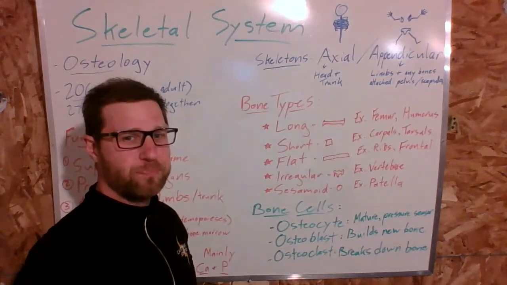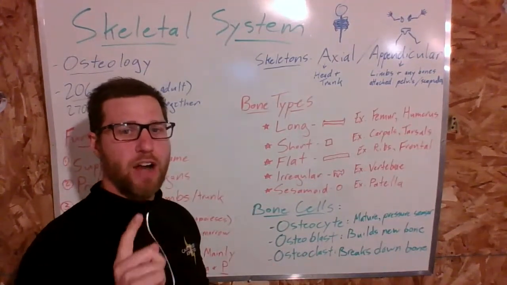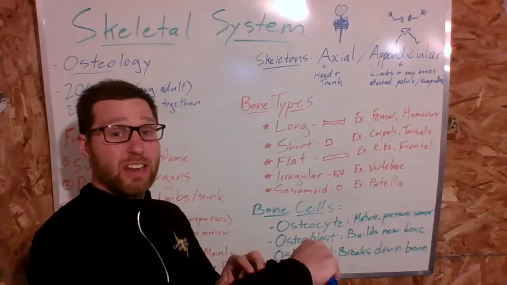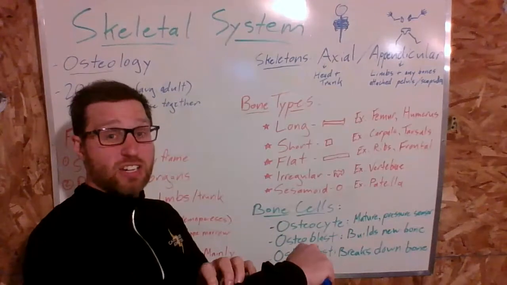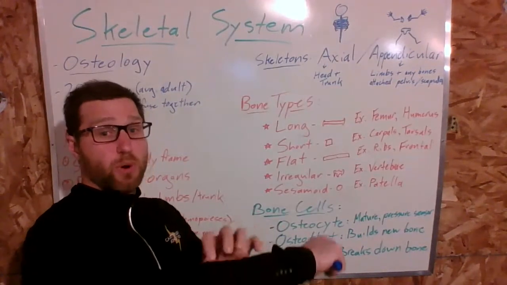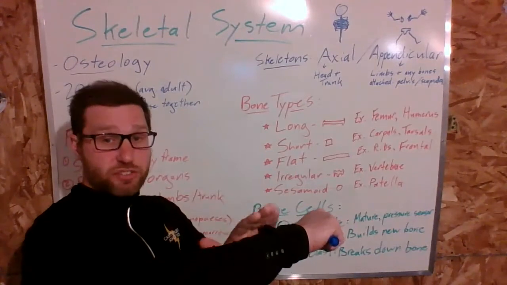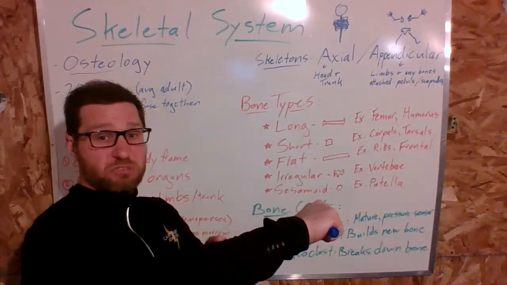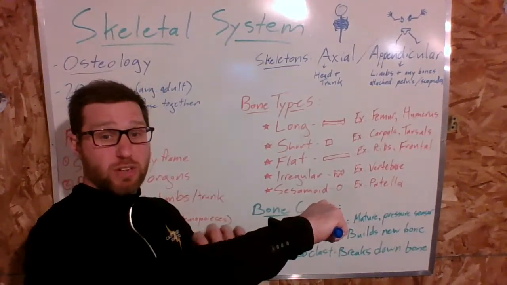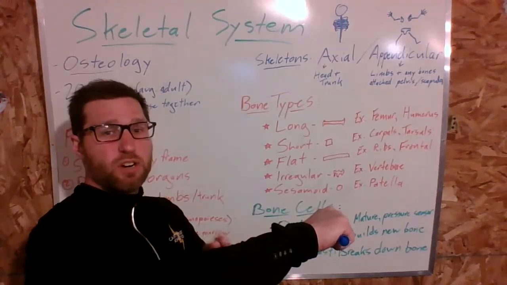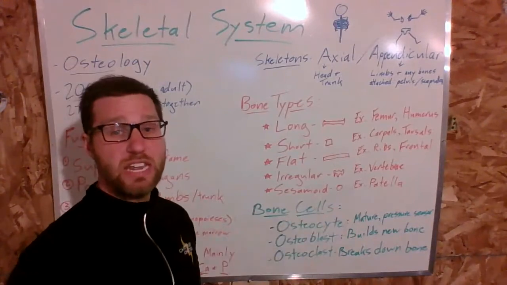Also, if you've ever had a fracture, if you've ever broken a bone, your osteoblasts come in and replace the bone material. So when your bone is set in a cast or whatnot, then it's straight, and your osteoblasts will come in and repair that fracture site, and they actually produce more bone material than you need.